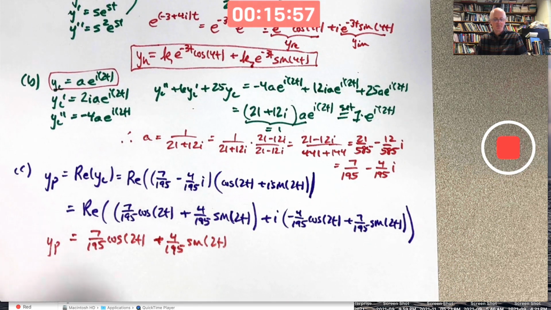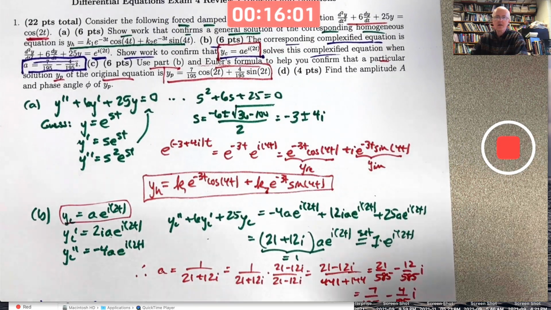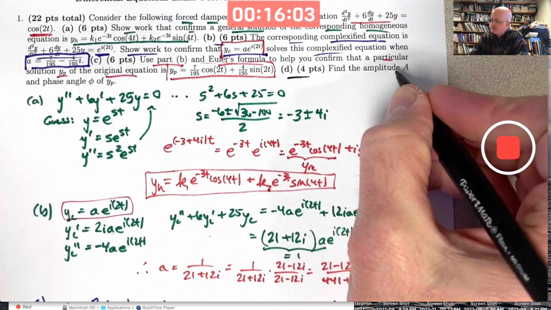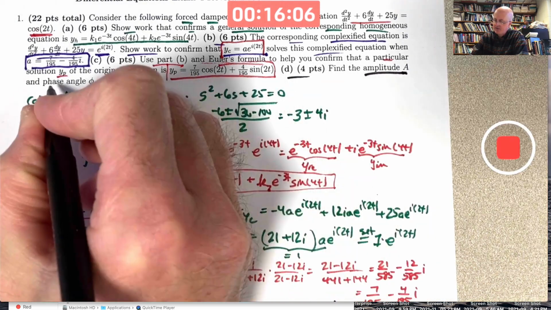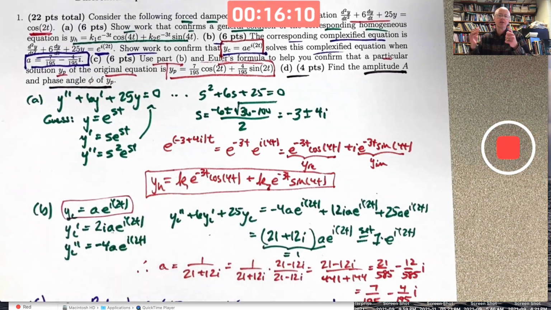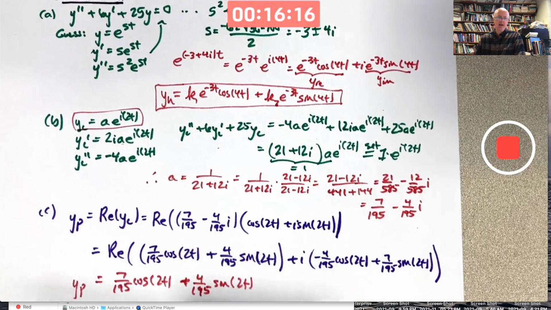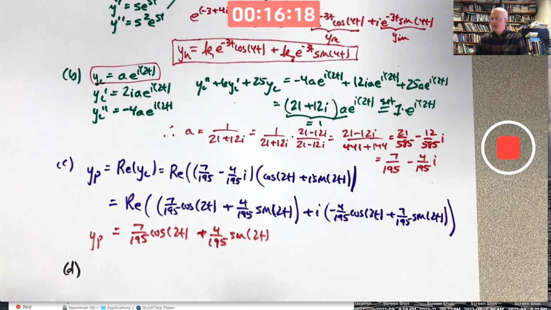That's the confirmation. Last part, part D. Find the amplitude, capital A, and phase angle, phi, of yp, this forced response, this solution that is what we observe in the long term. And here's where the complex number approach has a number of benefits.